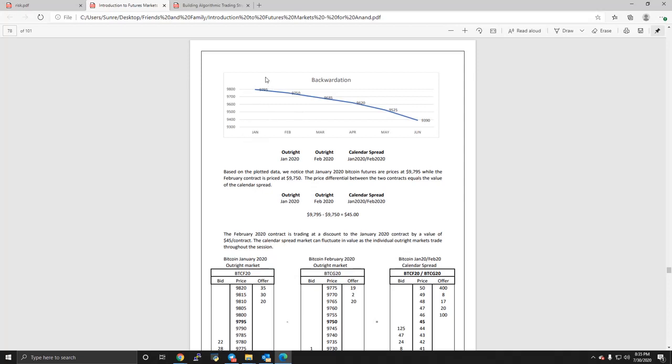If the near month spot market, in this example January, finds an increase in demand for the asset, that means more buyers are coming into the market and willing to pay up for access to the asset today in the spot market, we might find that the front month contract begins to trade at a higher price than the deferred month contracts. And this is simply the demand coming in to the spot market, lifting offers, raising the price relative to deferred months.